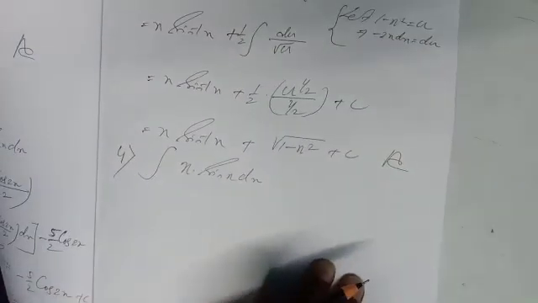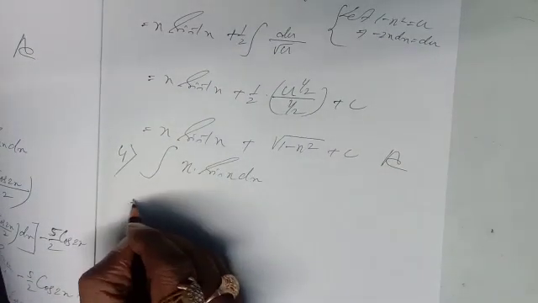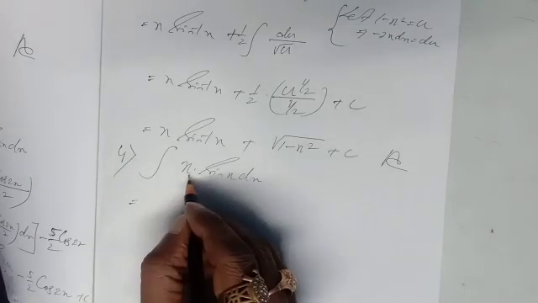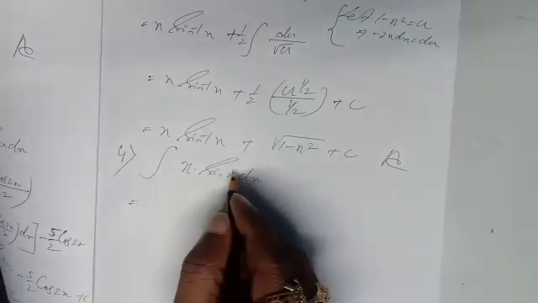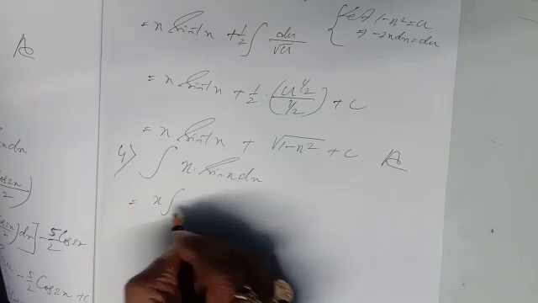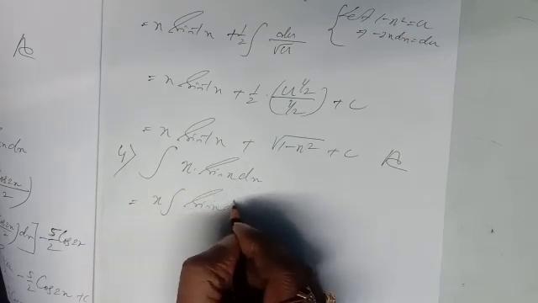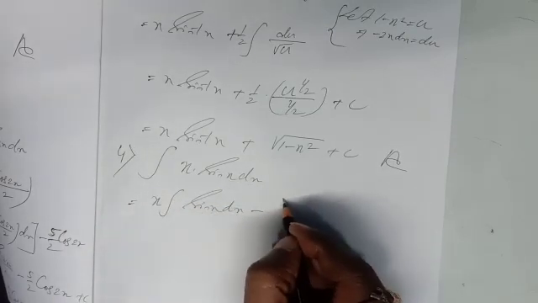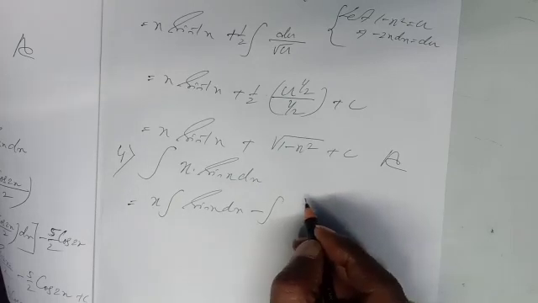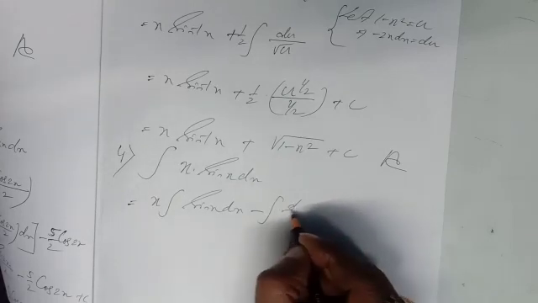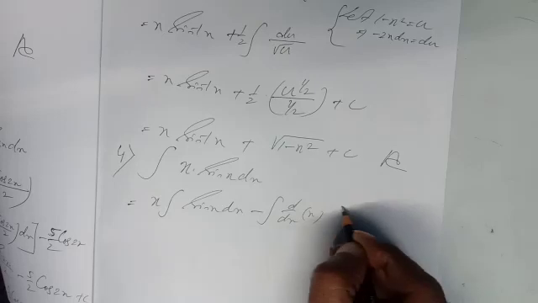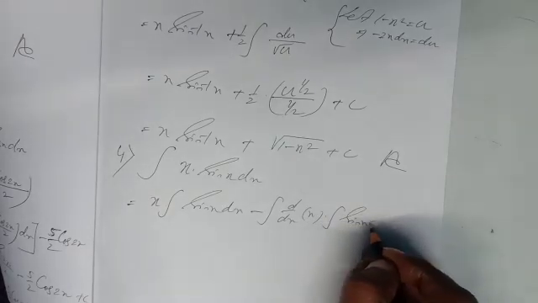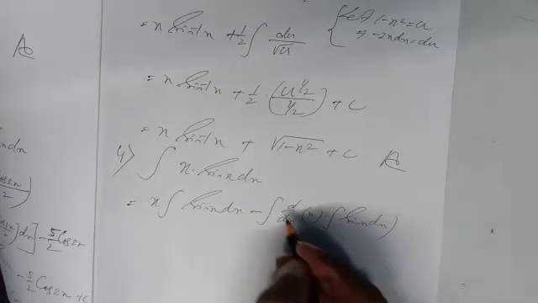Here x is the algebraic function and sin x is the trigonometric function. x into the integration of sin x dx, minus the integration of the derivative of x into the integration of sin x dx, whole dx.